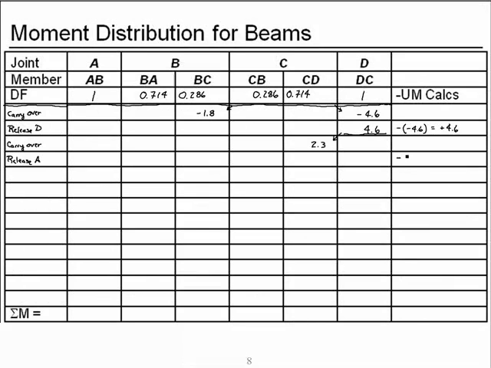So we have minus 9.7 foot kips that we need to distribute at node A. The distribution factor is plus 1, which then brings this node into equilibrium. We clamp it back down, and we have carryover to the other side. So to the B end of member AB, we receive a quantity we'll round off to be negative 4.8 foot kips.